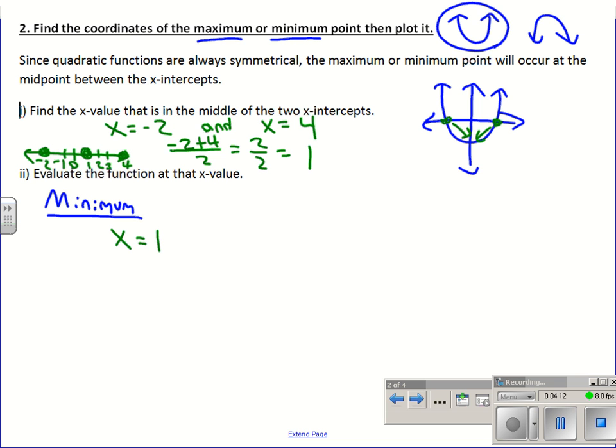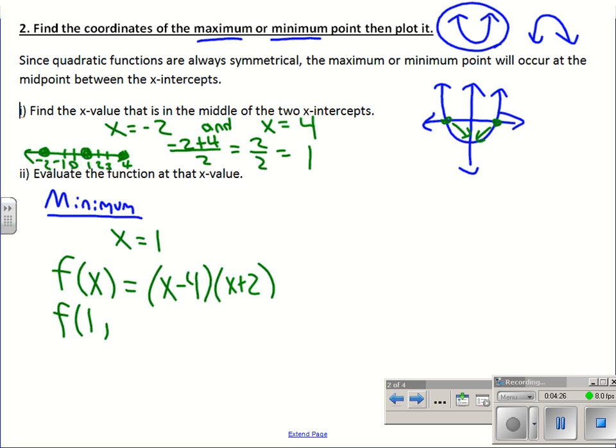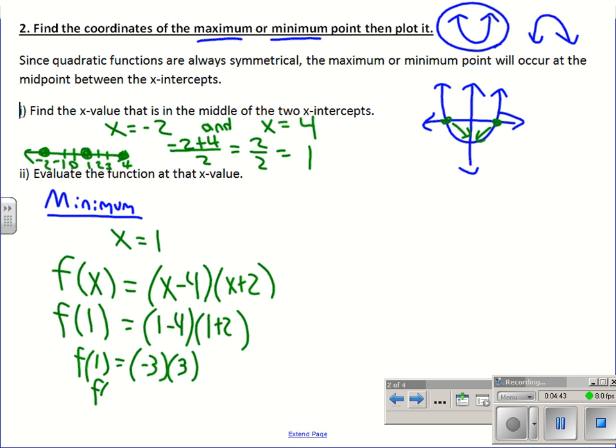So we know the x-coordinate at the minimum is 1, so we need to evaluate the function f of x equals (x minus 4) times (x plus 2) at an x value of 1. So f of 1 equals (1 minus 4) times (1 plus 2). So that's f of 1 equals negative 3 times positive 3, which means that f of 1 is equal to negative 9.